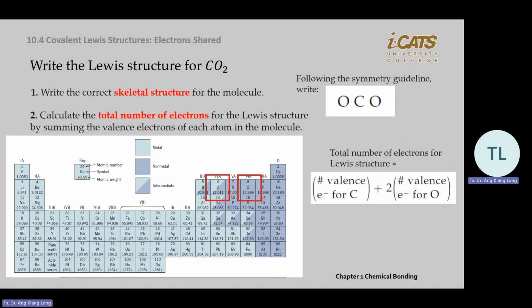You need to write this equation in your answer. You need to write total number of electrons equals bracket valence electrons for carbon plus 2 bracket number of valence electrons for O. Right, this is expected in your answer. You need to give me a mathematical model, or equation.